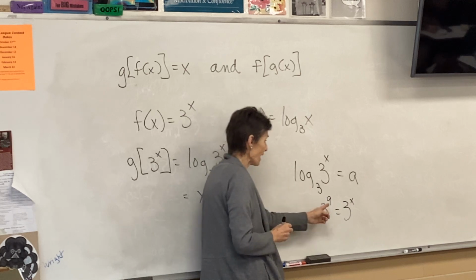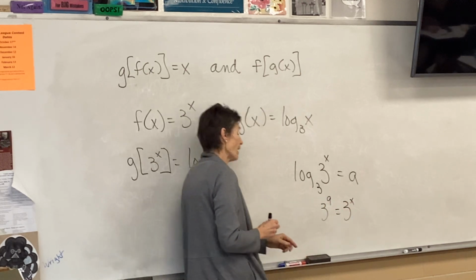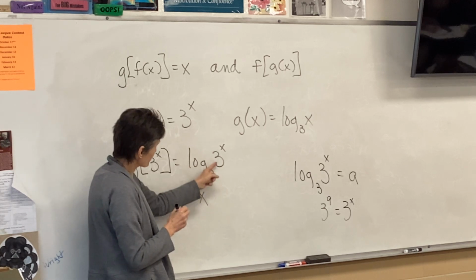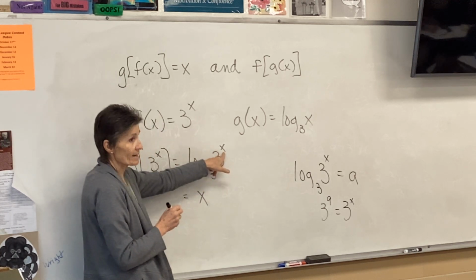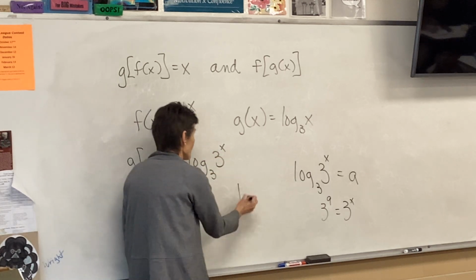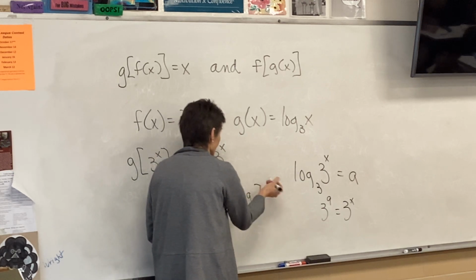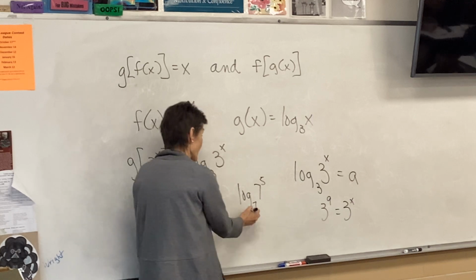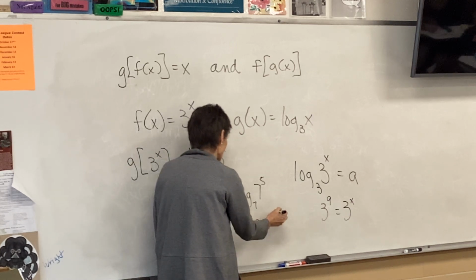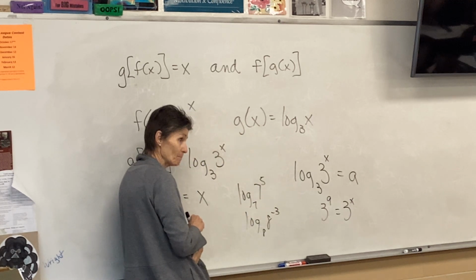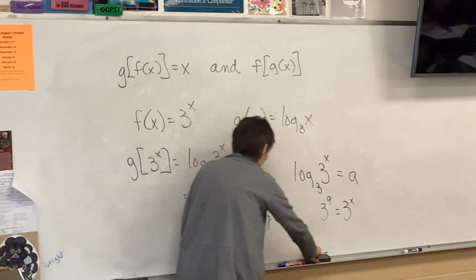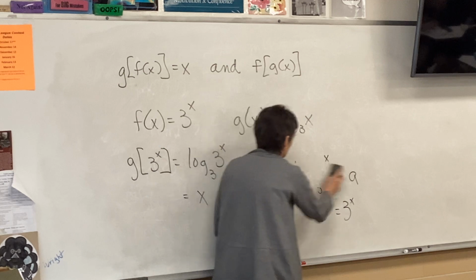What does that a have to equal? x, yeah. So this is actually one of your properties of logarithms. When these two numbers match, that's the answer. So if you had log base 7 of 7 to the 5th, that would be 5. If you had log base 8 of 8 to the negative 3rd, that would be negative 3. It's always that. Okay, perfect.